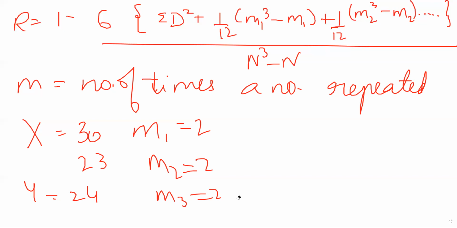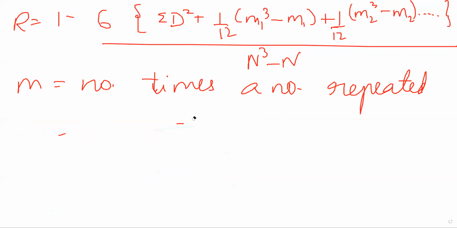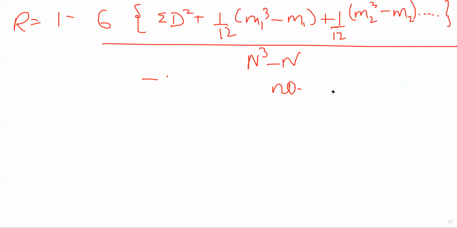If a number is repeating 5 times, that number will come as 5. Let us suppose there is only one term that is repeating 5 times. You will not have this formula extending up to M2 and M3. You will only finish that formula at M1 cube minus M1, because there is only one value, and in that scenario, M1 will be equal to 5.